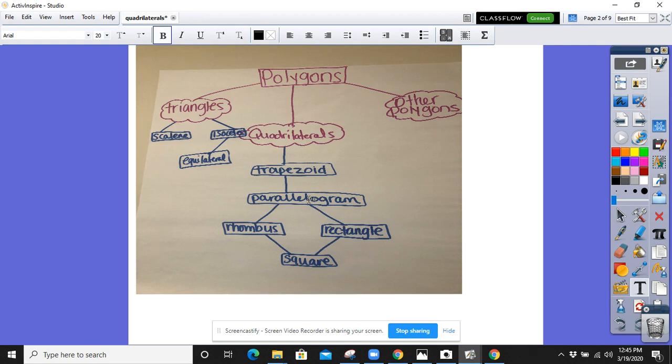So yes, all rectangles are parallelograms. Now, all parallelograms are not rectangles because sometimes a parallelogram is a rhombus. And a rhombus does not have to have 4 right angles. So notice, bottom to top, this is this, this is that, but it does not always work the same way, okay?